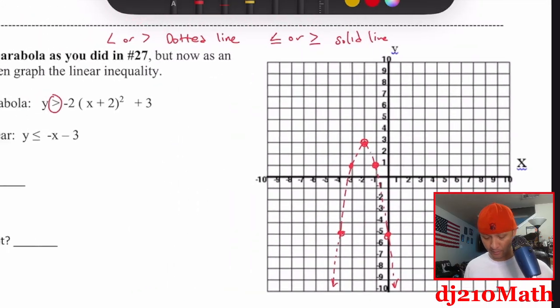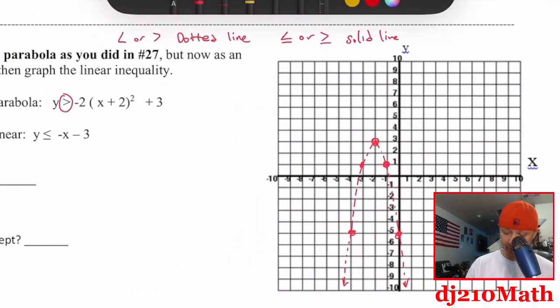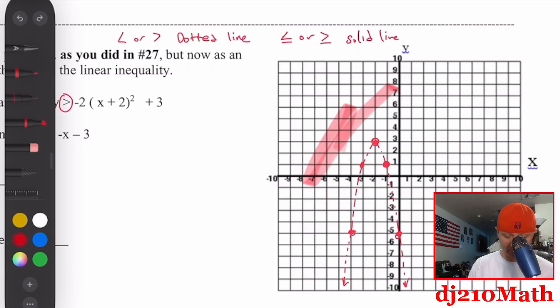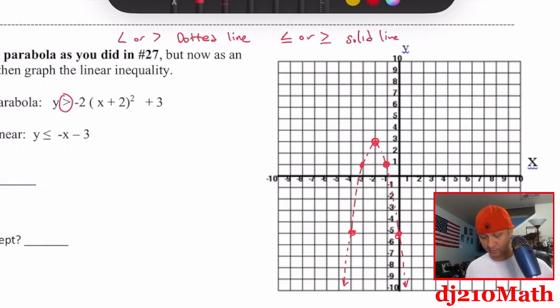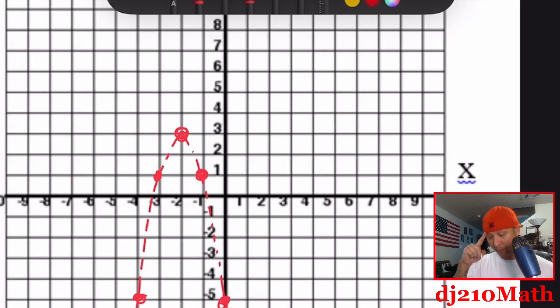Okay. I've got to shade either in here or out here. We have to figure out which one it is. The way you do this is as follows. You pick a point somewhere on this graph.